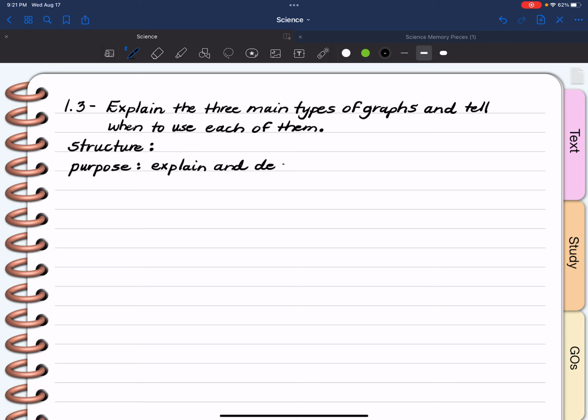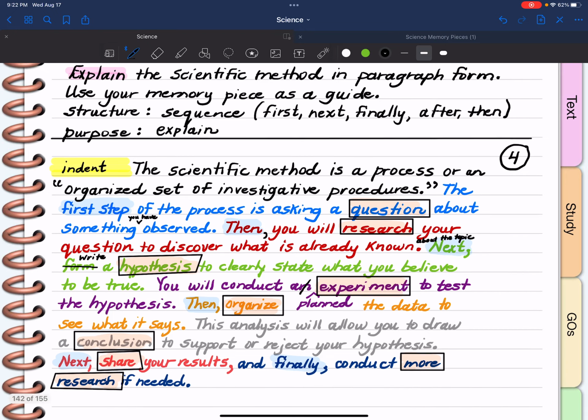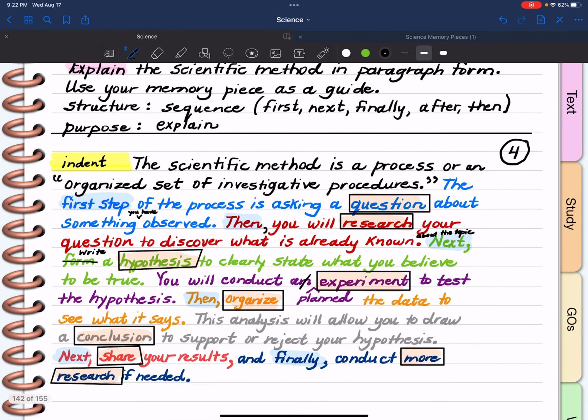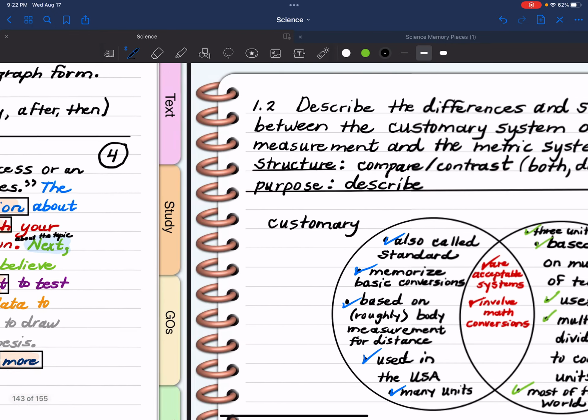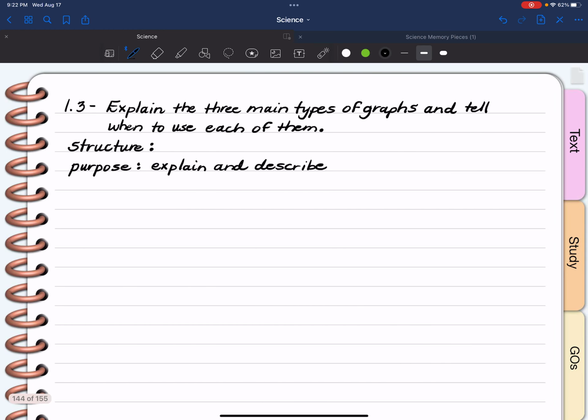Now, before I go to the structure, let's look back just a second. At 1.1, we had to explain, and we used a sequence to do that. Then we had a purpose of comparing and contrasting, or describing. We used the structure compare, contrast. So in this case, I'm going to use the structure of an essay.